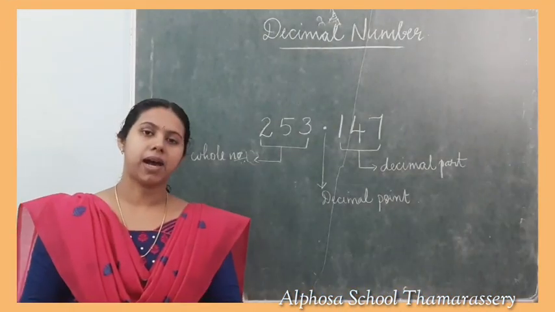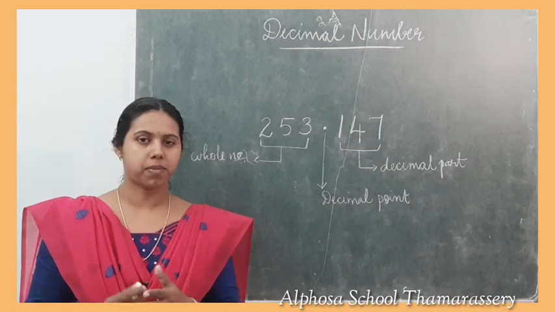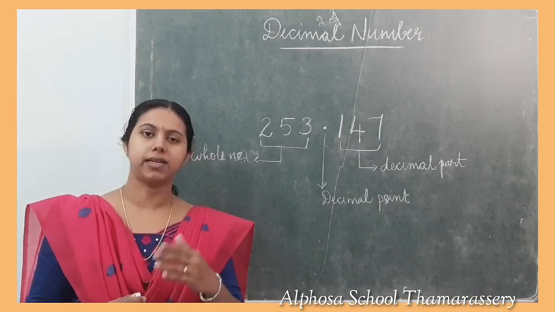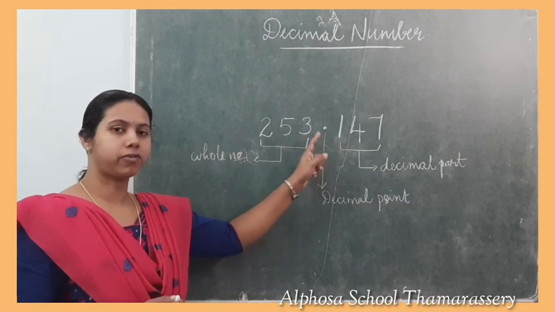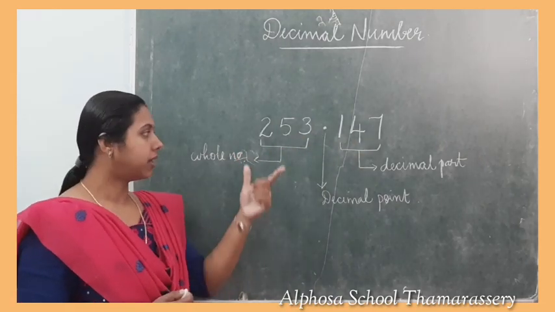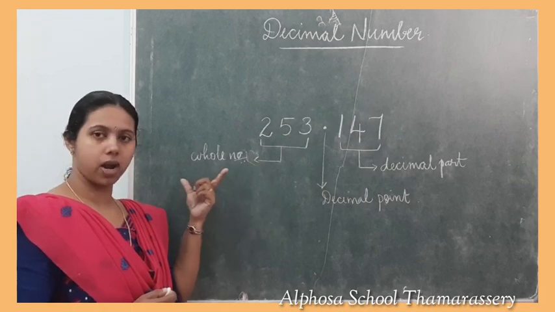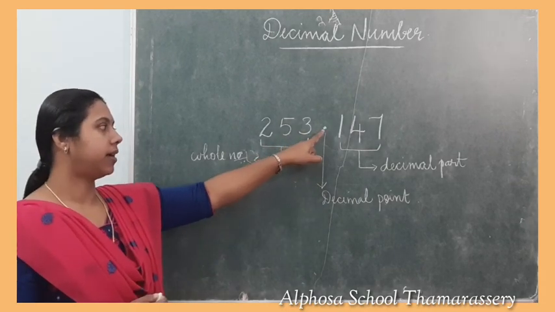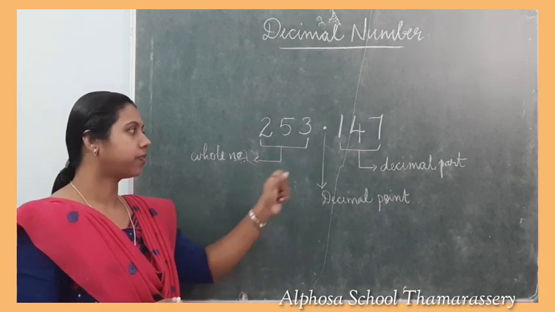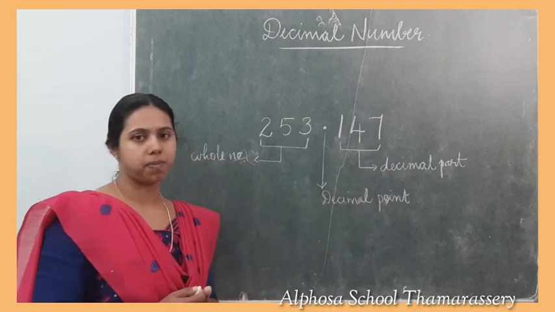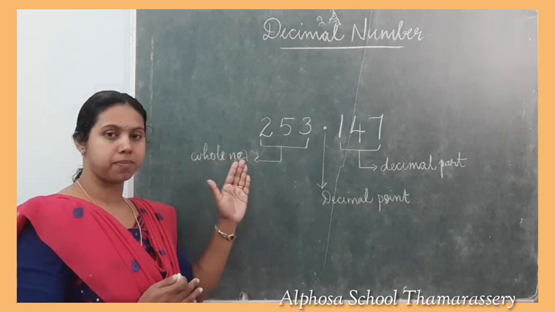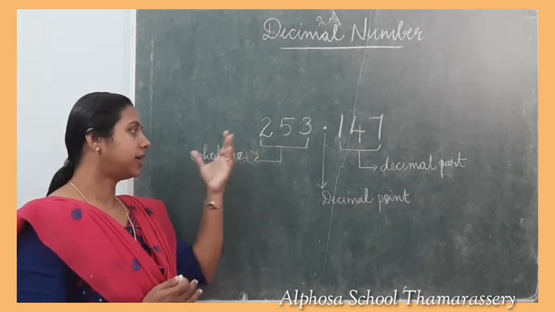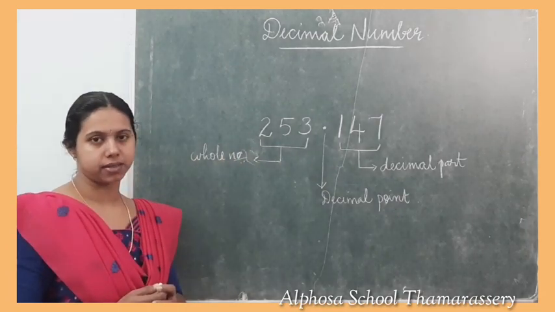A decimal number has three parts: whole number part, decimal point, and decimal part. For example, 253.147. Here 253 is the whole number part, then this is the decimal point, and this is the decimal part. This decimal point divides the number into whole number part and decimal part.